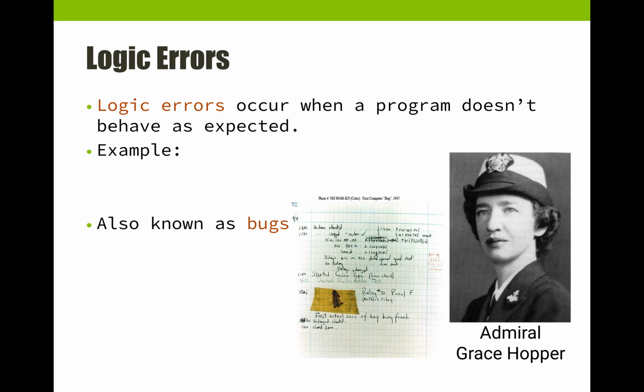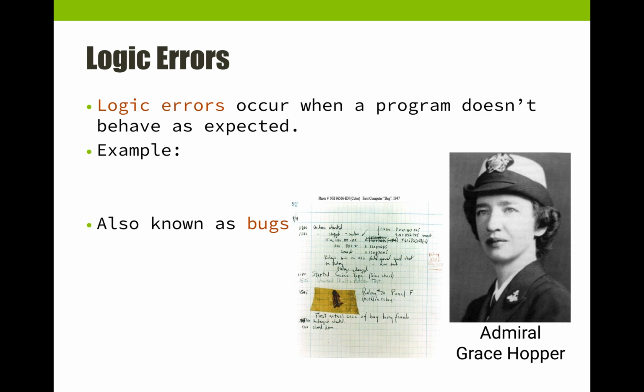The car can't even run. A logic error is where you got the car to turn on, and you got it to drive down the street, and you were trying to drive it to the grocery store, but at one point you gave it the command to turn right when you meant for the car to turn left. And so instead of ending up at the grocery store, maybe you end up at the gas station. Now the car didn't crash.